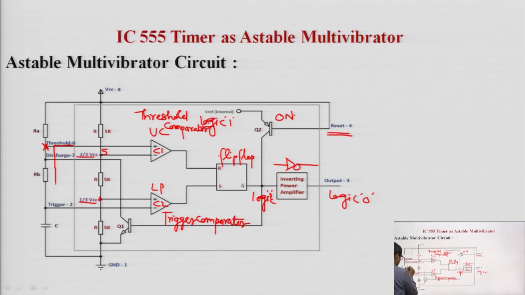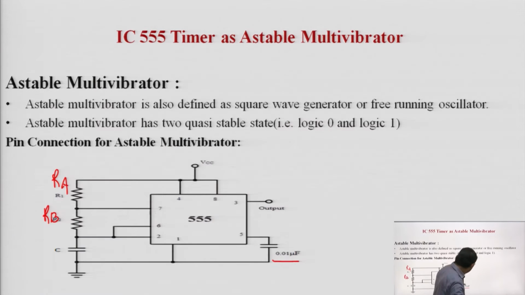Pin number 6 will be shorted with pin number 2, not with pin number 7. Previously, pin number 6 and pin number 2 were shorted together with the external capacitor C.